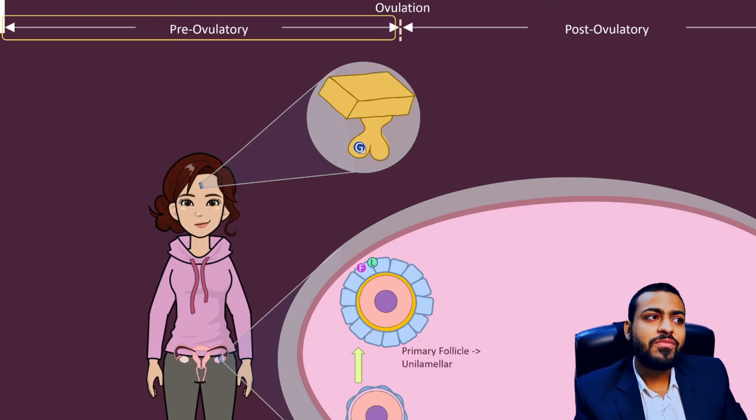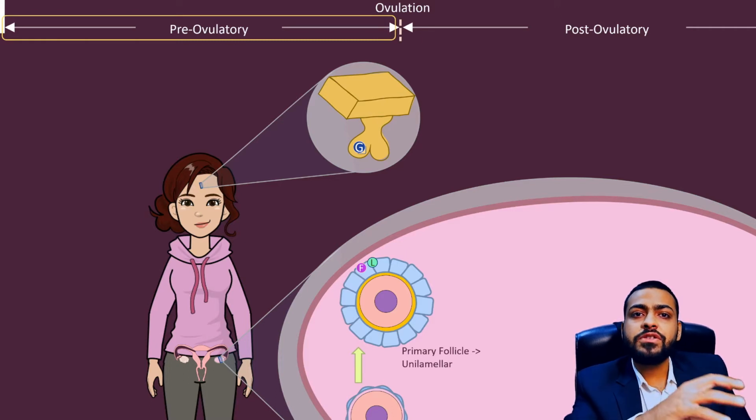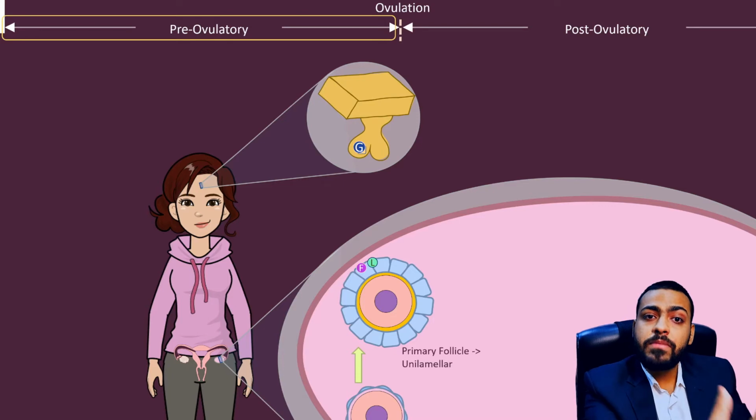You got the point, because the hypothalamus is involved in all these things, right? The hypothalamus has an important role in mood, right? So that is why, because this part is controlled by the hypothalamus, it is much more likely to be variable as compared to the post-ovulatory phase, right?